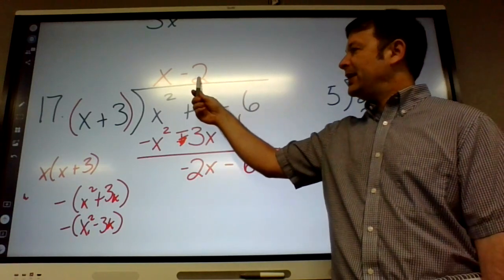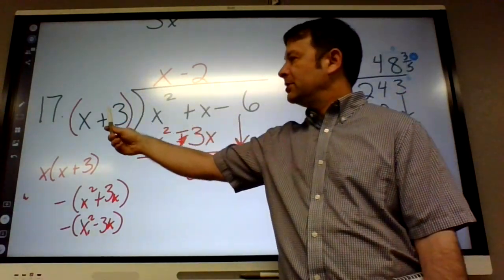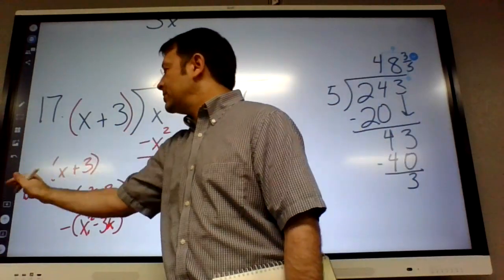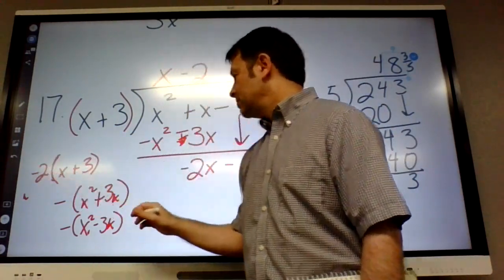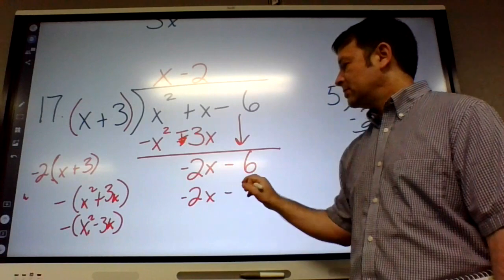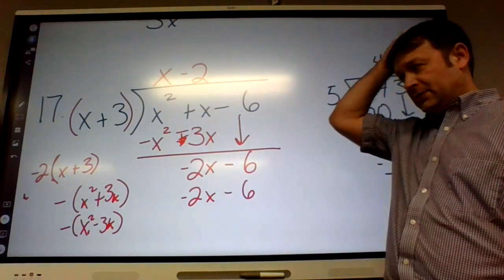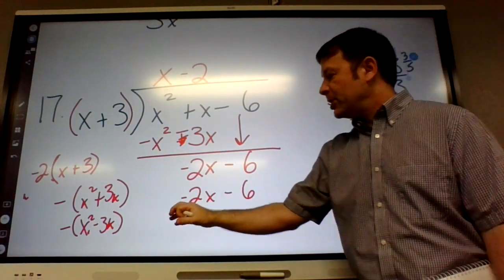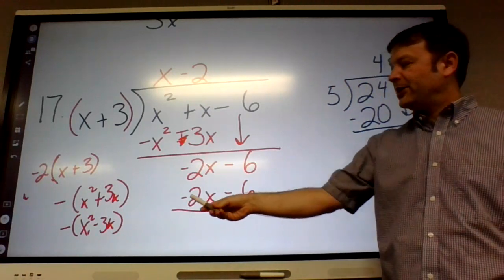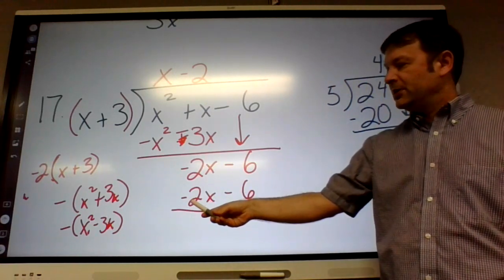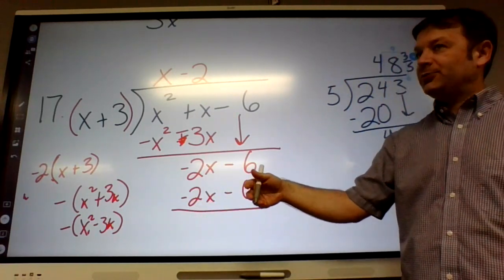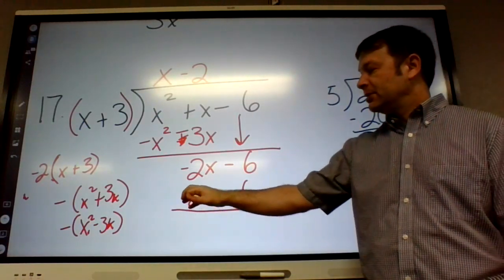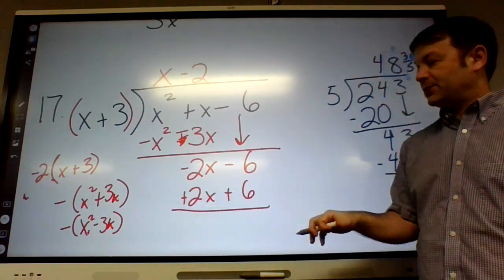So what's negative 2 times x plus 3? Negative 2x minus 6. But we are subtracting the bottom line, remember? So if I'm subtracting a minus, what happens? They become pluses. So you just got to switch those signs every time.